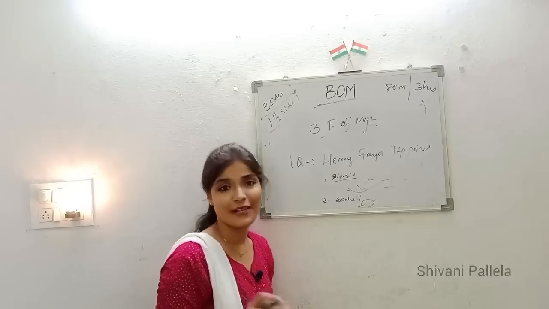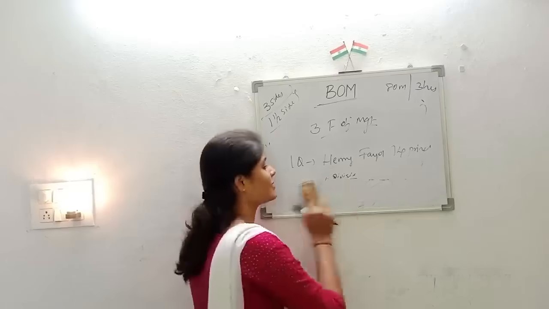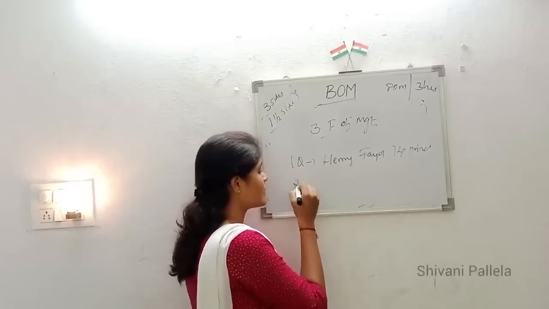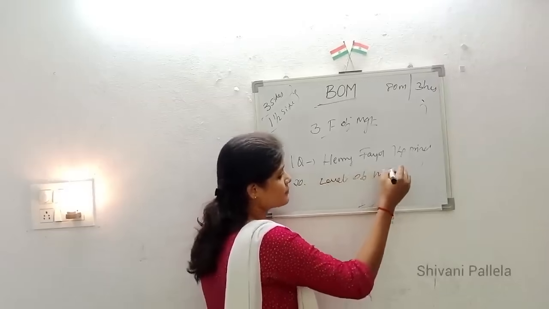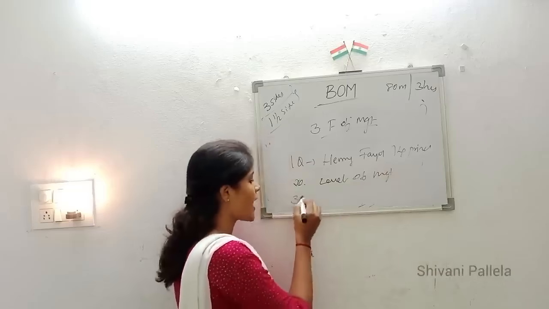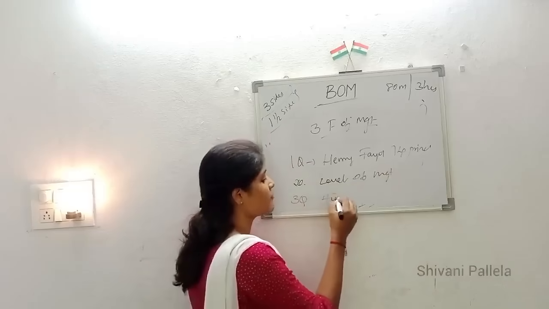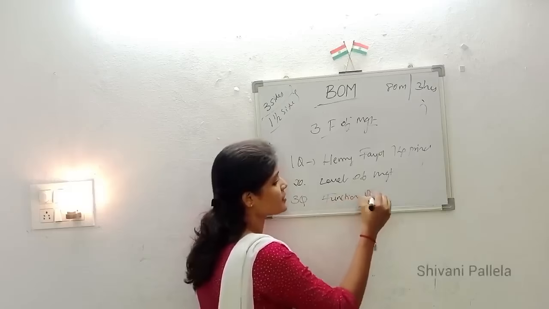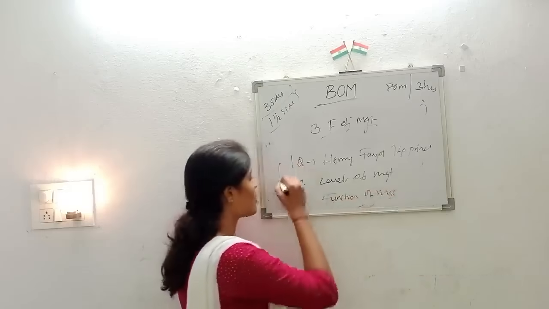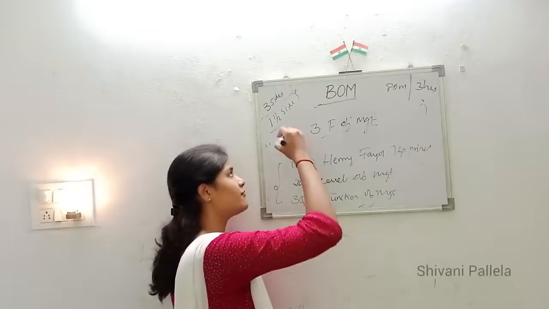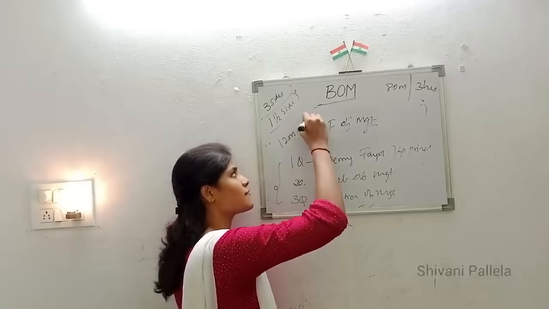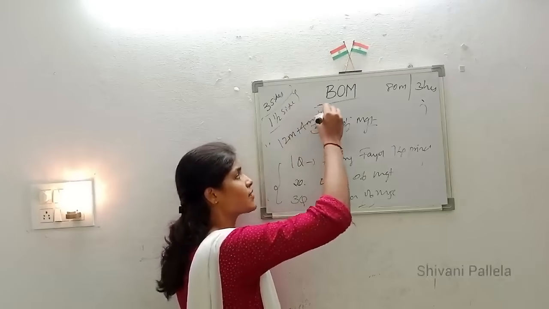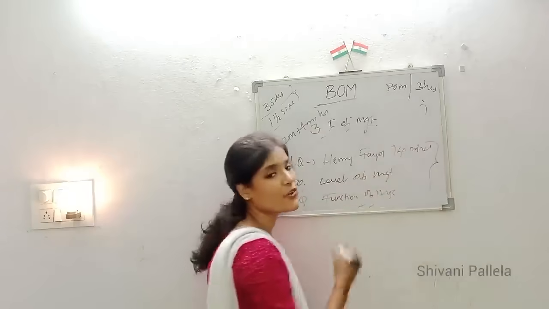Okay, so this is another important tip. And the second question from the third unit is levels of management. And the third important question is functions of management. Out of these 3 questions, definitely one long question 12 marks, one short question 4 marks, 16 marks weightage by learning these 3 questions.